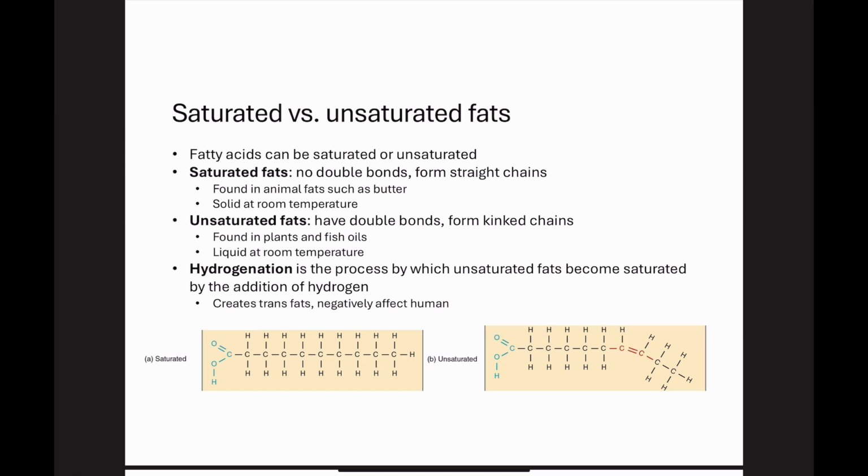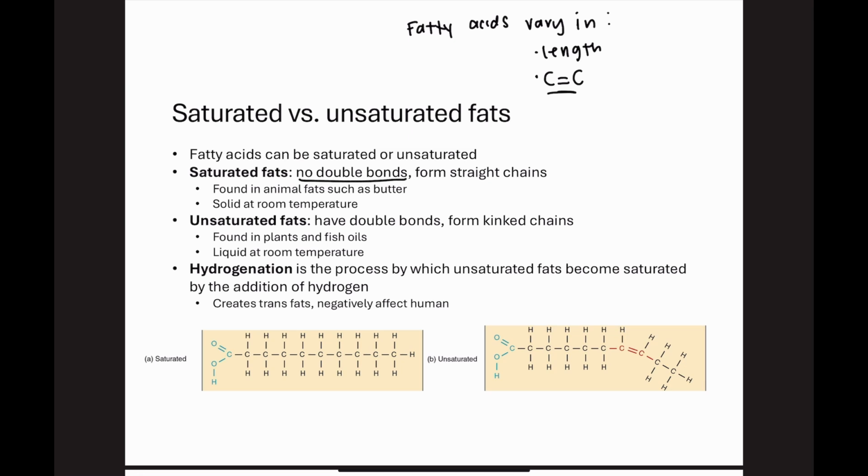We know that our fatty acids vary in length, but they can also vary in carbon-to-carbon double bonds. The absence or presence of these double bonds, and their location, is going to result in either a saturated or unsaturated fatty acid.